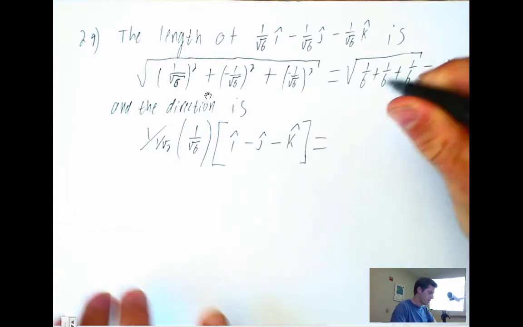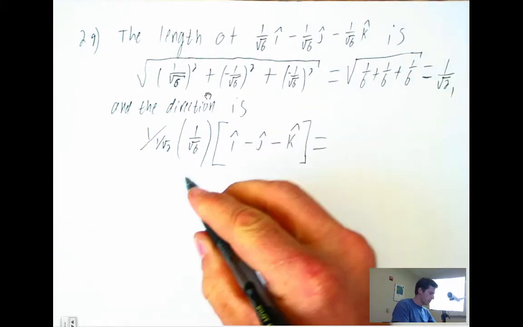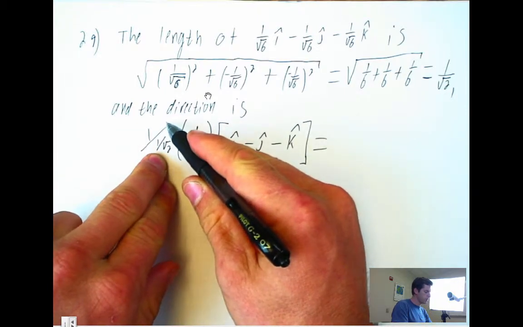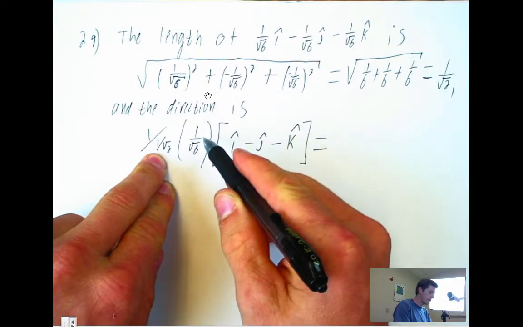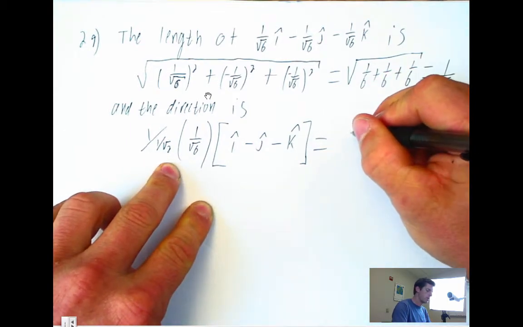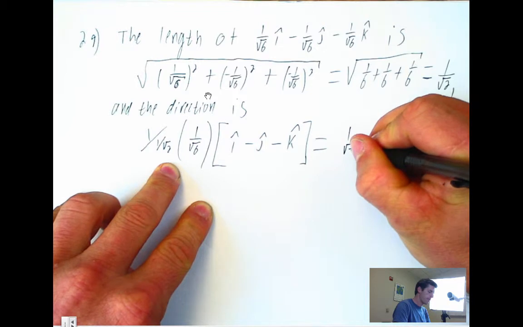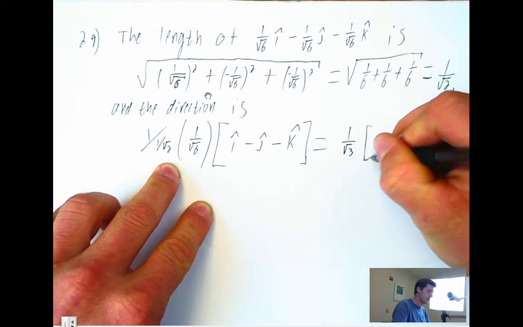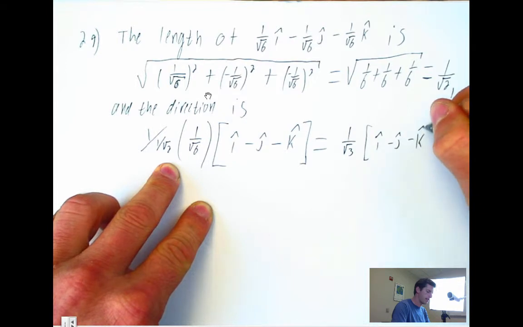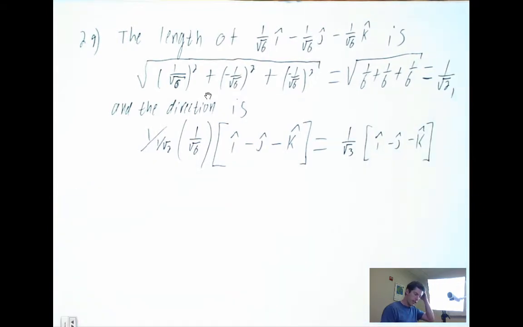Yeah, that looks good. Now I should flip this upside down. I get square root of 2 over 1. So square root of 2 over 1 times 1 over square root of 6, square root of 2 over square root of 6 is 1 over the square root of 3, times i hat minus j hat minus k hat. That's cute. Okay, so that is the direction.